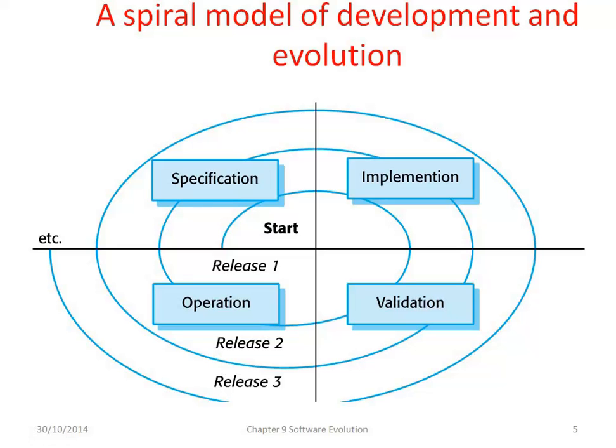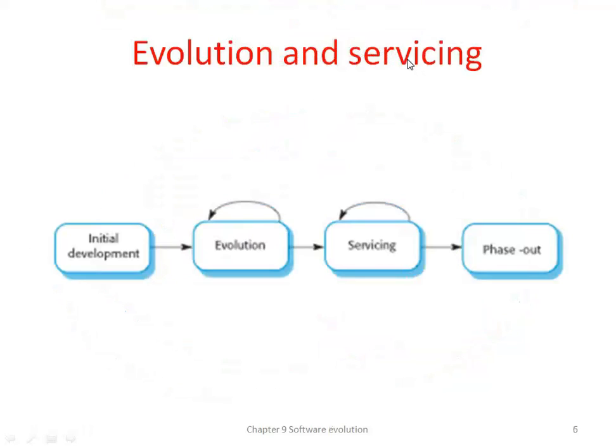Next you have specification, implementation, validation, then release it in the organization; that is release 2. In this way, software change is inevitable and implemented and used. It starts from the first version, release 1, then release 2, release 3, and so on. This type of development is called the spiral model of development and evolution. Now, evolution and servicing.